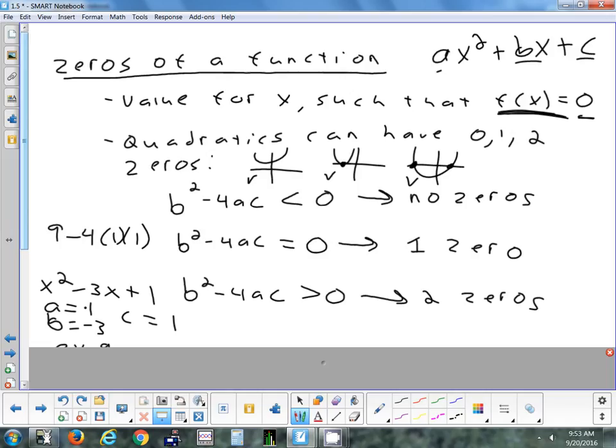So very quickly, I know that's 9, take away 4, which is how much? 5. 5 is greater than 0. I don't know where this is going to cross the x-axis, but I guarantee you it crosses it twice. That's all I know. Okay? So that's what that formula allows you to do. Any questions on that?